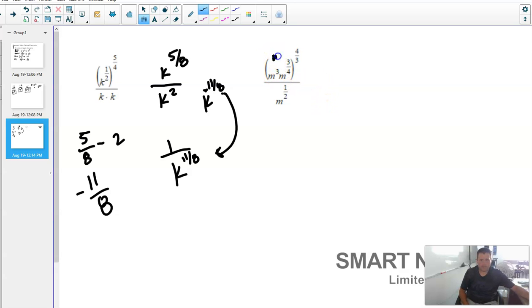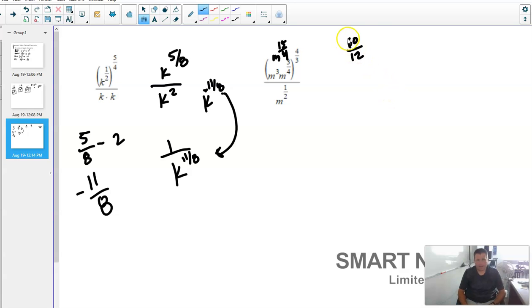So this is m to the 15/4 if I add those together, because they're both m's. And then I've got to apply this 4/3 here, so I'm going to multiply that. Because we're multiplying, we just multiply numerators and denominators: 15 times 4, which is 60, and 4 times 3, which is 12.